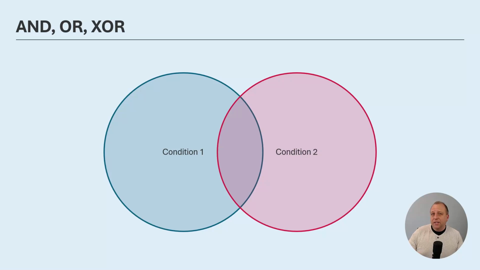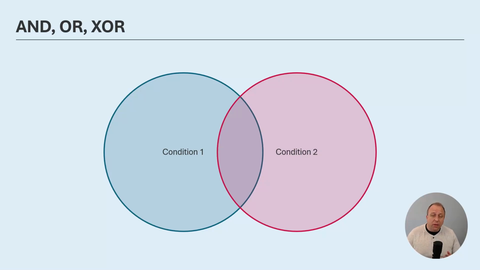So the idea here is that whether we're using AND, OR, exclusive OR, or some other logical functions, we have different conditions in our data where we're trying to figure out whether something meets a condition or it doesn't. And if we have more than one condition, we need to ask ourselves, what's important?